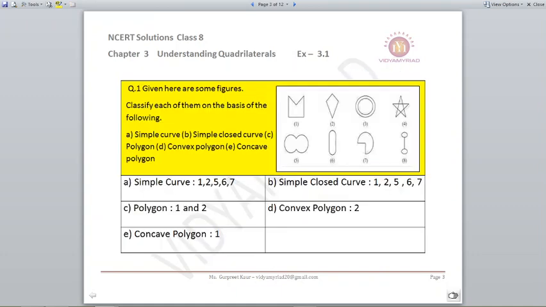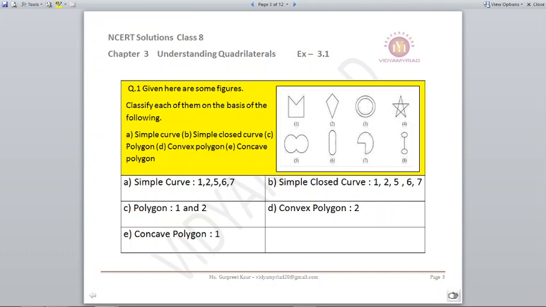Question number 1. Here certain shapes are given to us and we need to classify them under the following. So let's discuss the A part, simple curve. By looking at the figures 1, 2, 5, 6 and 7, they are the simple curves. What are simple curves? Made up of line segments or curves, and it should be a closed figure.